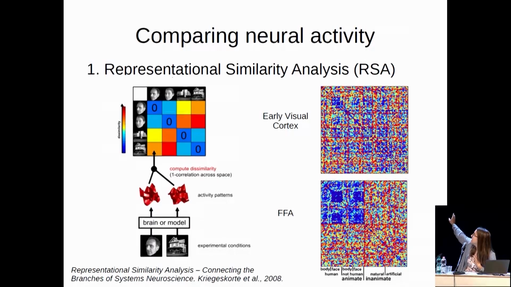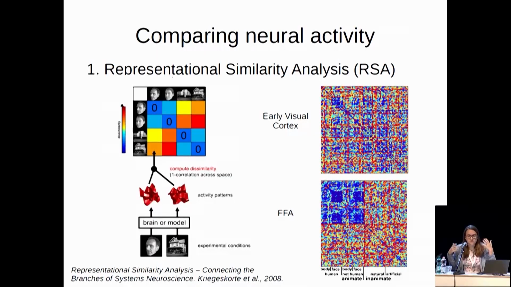So you can see at the top I'm showing visual cortex, and in early visual cortex like V1, there's not a lot that you can see in the structure based on the way that the images are ordered. But for the fusiform face area, it's clear that that area represents faces and bodies very similarly because that's what's in this upper quadrant. Those are all the face images, and it's representing them very similarly to each other.